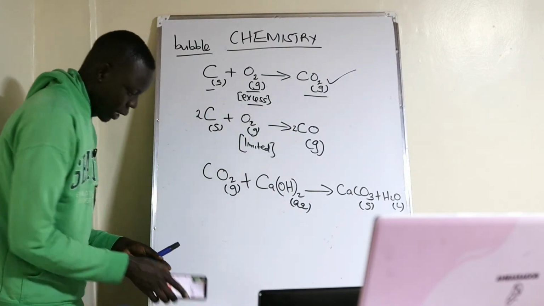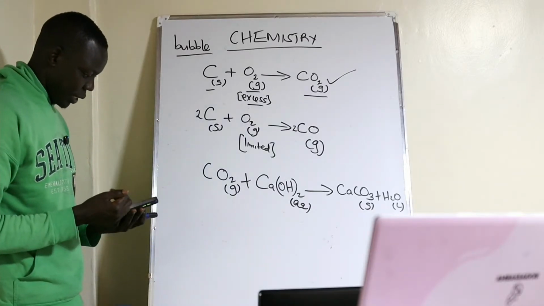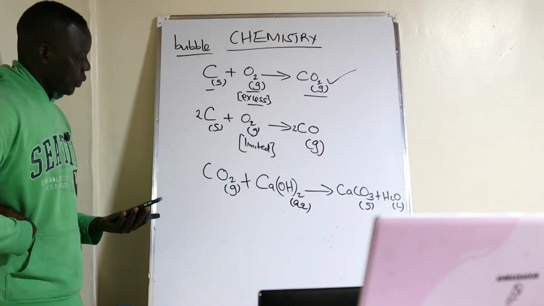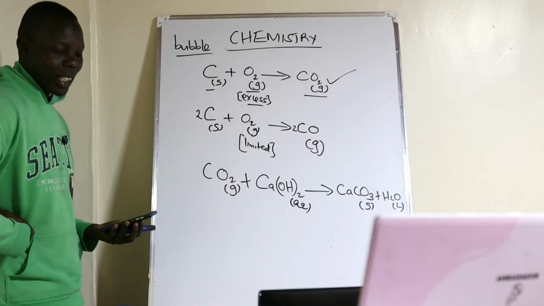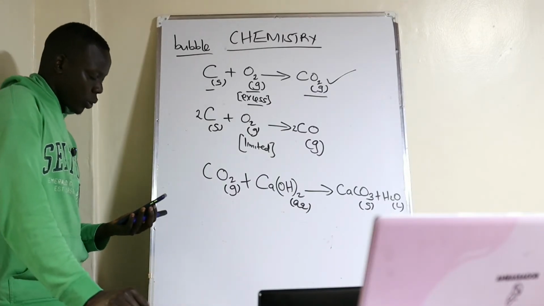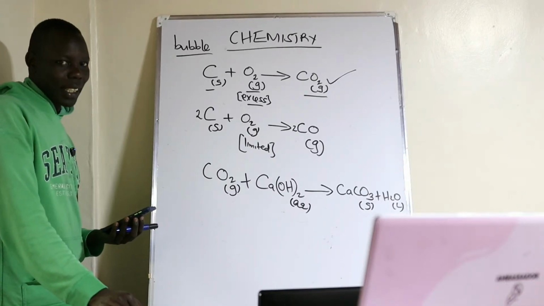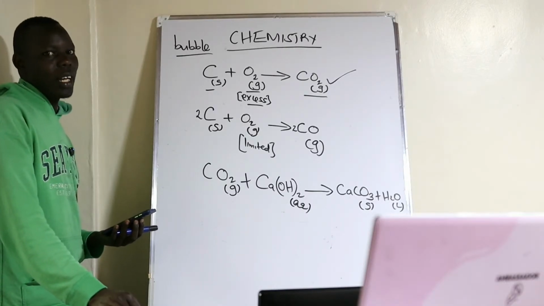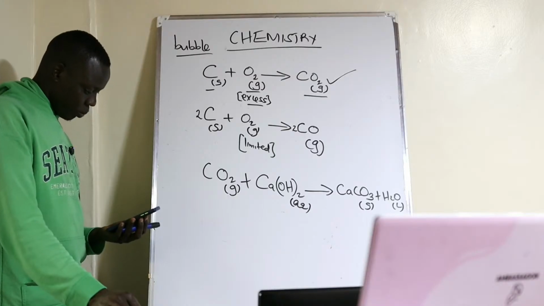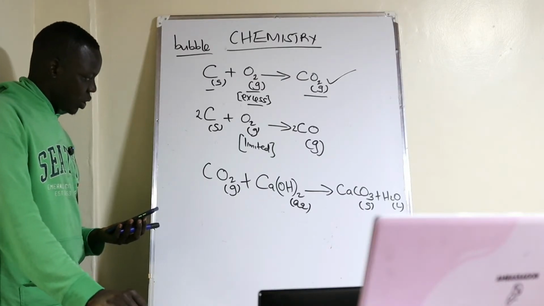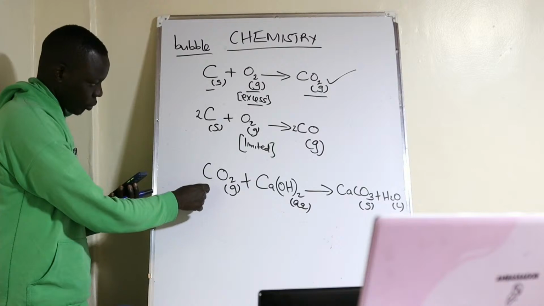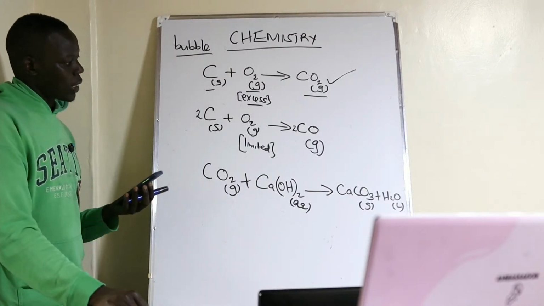So I'm seeing if it is feasible. Now, is that equation balanced? Are the number of atoms of a given element on the reactant side the same as on the product side? This one you can easily check. Carbon is 1. On the other side it is still 1.